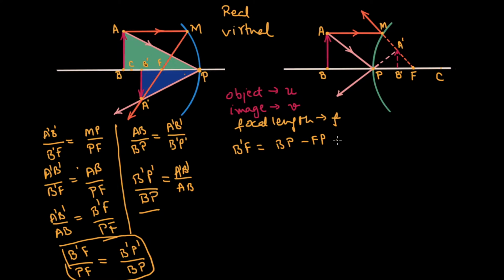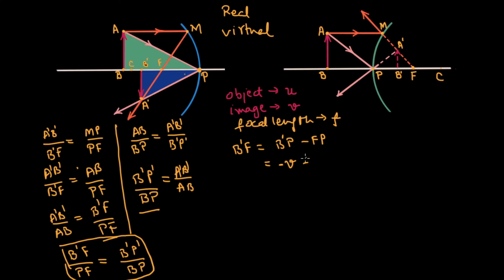B prime P is the image distance. If we want to write it as V, remember V is a positive quantity, while distances to the left are considered negative, so we'll add a negative sign: negative V. Minus FP: what is FP?